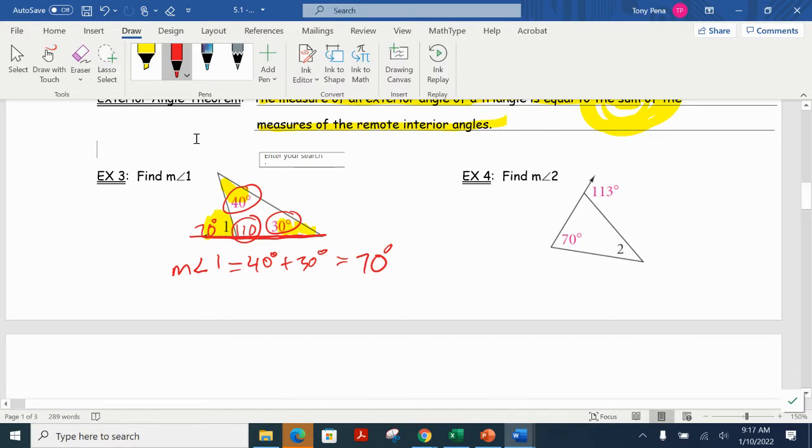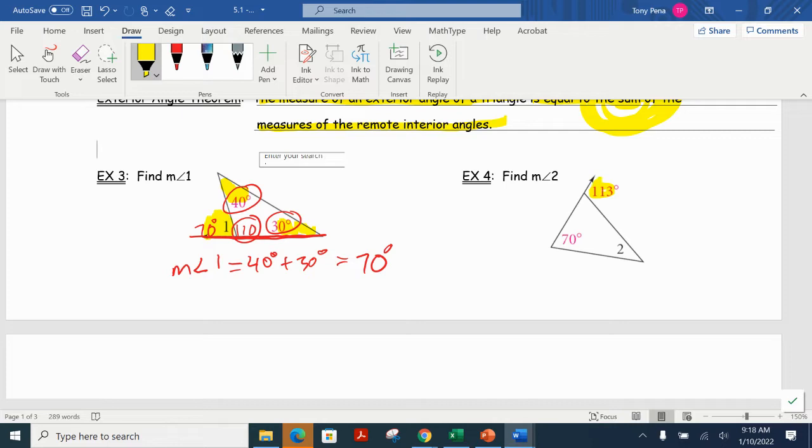Number 4. Similar. Here is our exterior angle. That angle, the 113, must equal the sum of the two remote interior angles. So it must equal the sum of 70 and 2. Again, a couple different routes you could take here.